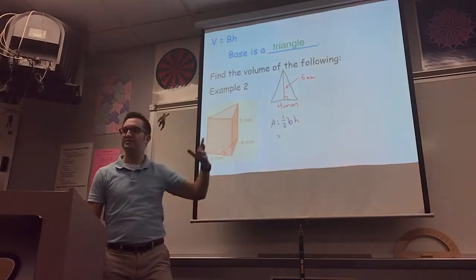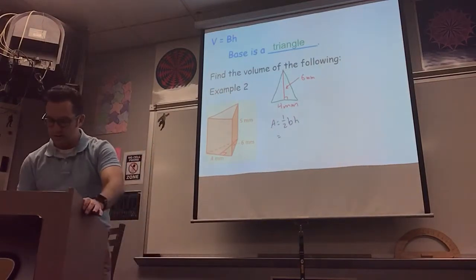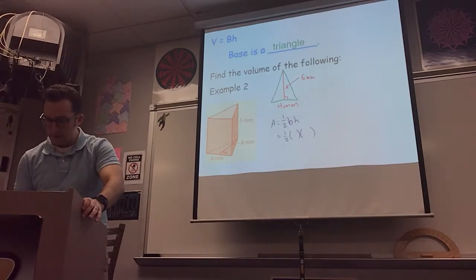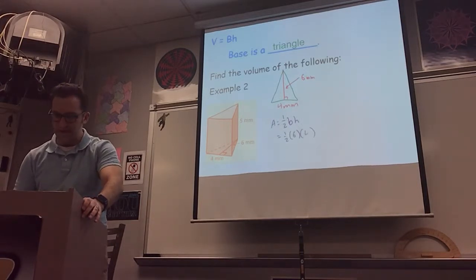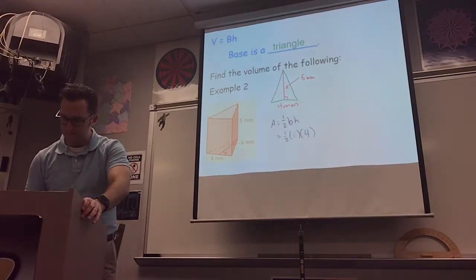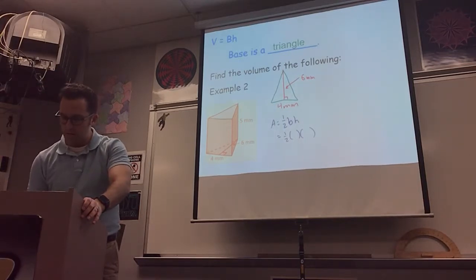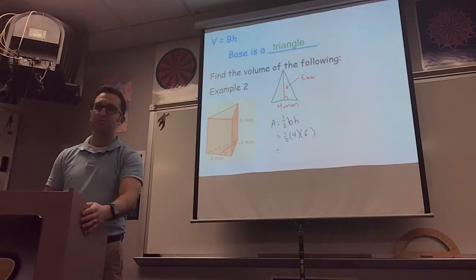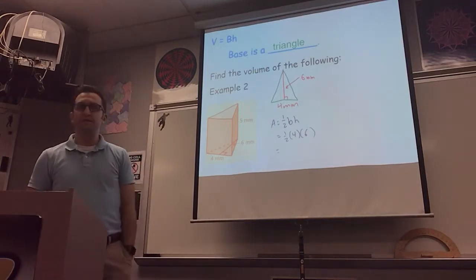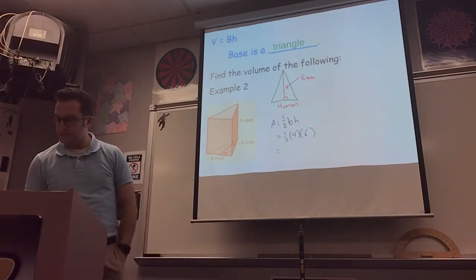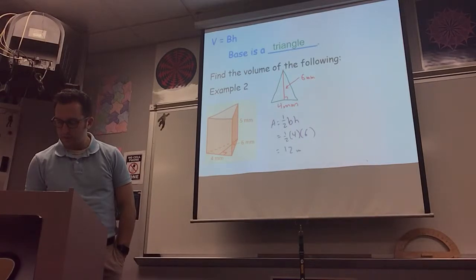There's no length, width, and height. It's not gonna work. So 1/2 what times what? 6 times 4. Actually, it's 4 times 6. But does that really matter in the grand scheme of math? No, but I want to make sure it looks right for the video. Half of 4 times 6 is 12 millimeters squared.